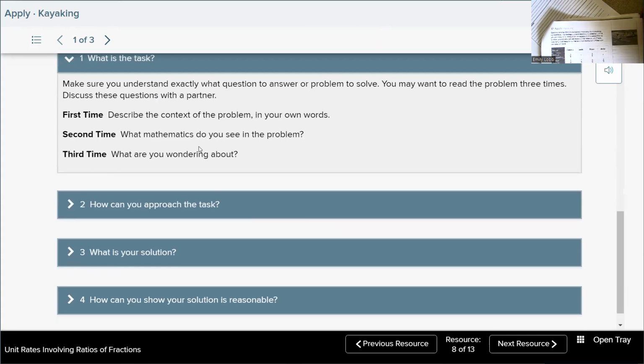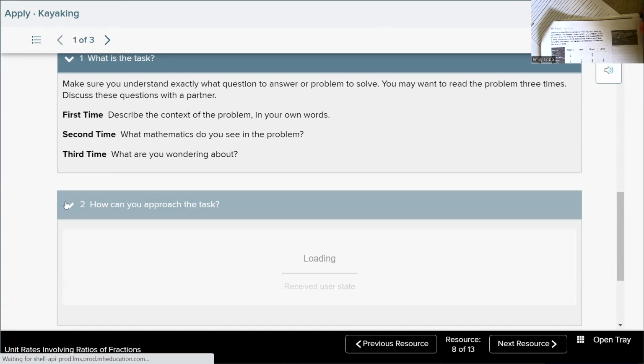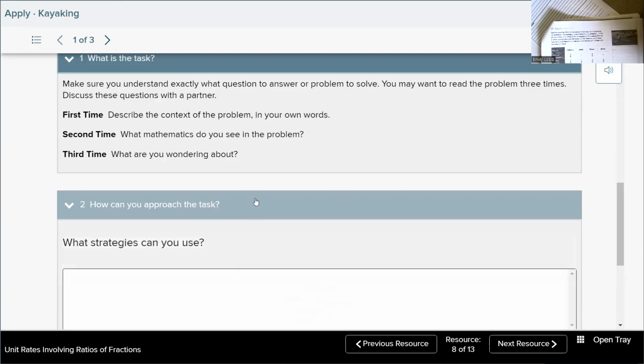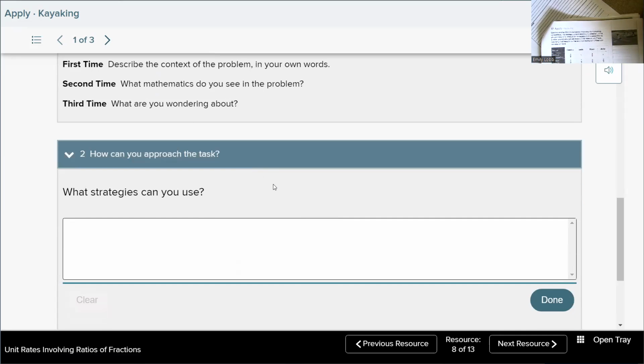All right. So how can you approach the task? They're giving you lots of ideas here. What strategies can you use? If we have a unit rate, if we know how long it takes them to do 1 mile, we could multiply it by 3, right?